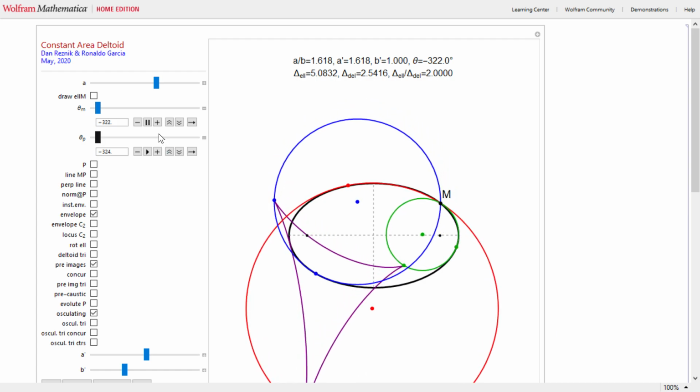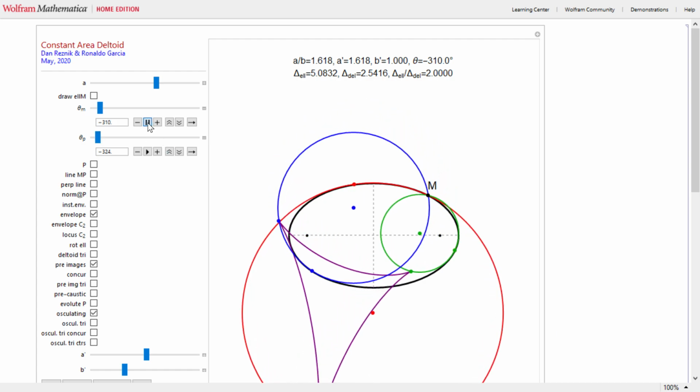Okay, now there's another coordinated phenomenon here. Let me draw the lines that connect each one of the deltoid cusps to the centers of the osculating circles.